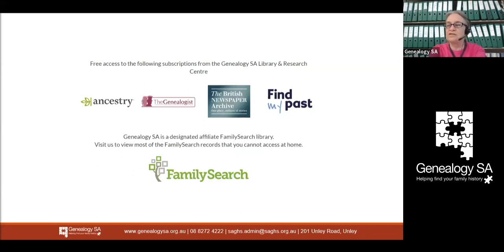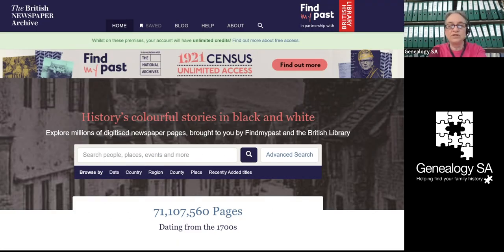You've got the Genealogist, which specialises in a lot of the UK records. The British Newspaper Archive, which is all digitised newspapers. It's not all of the newspapers, but a lot of the historic newspapers from the British Empire, and you can download copies of that to print out. And it's got a full database search, very much like Trove digitised newspapers in Australia.